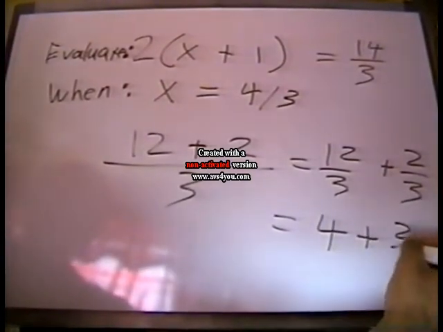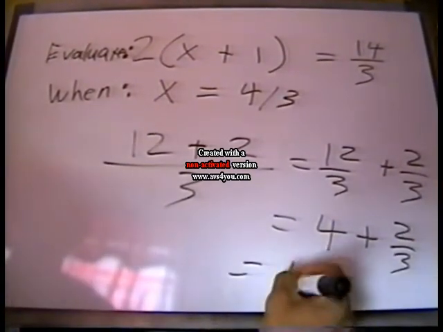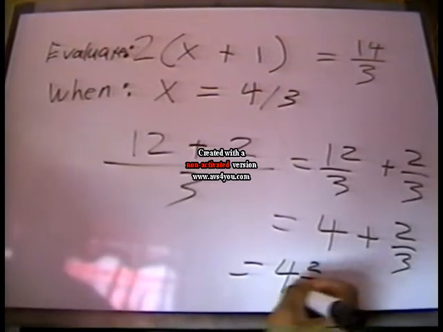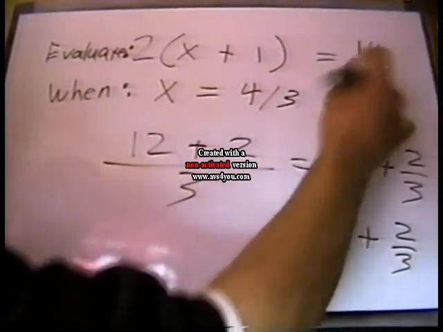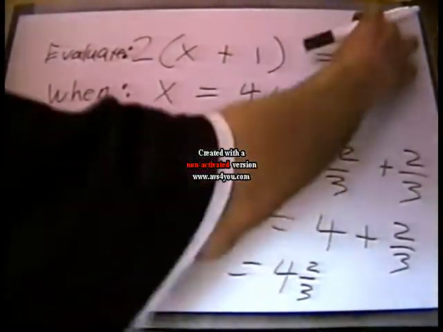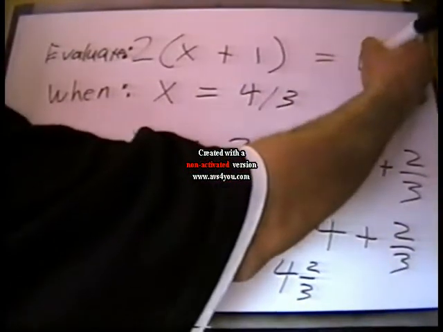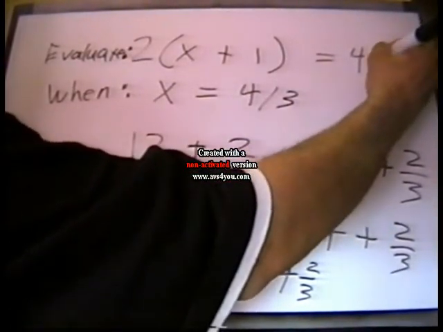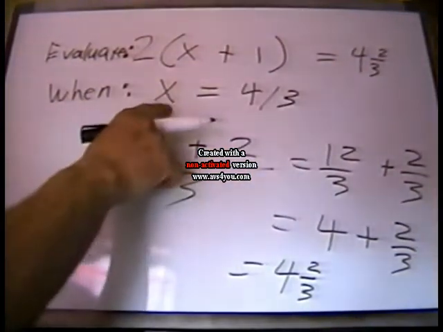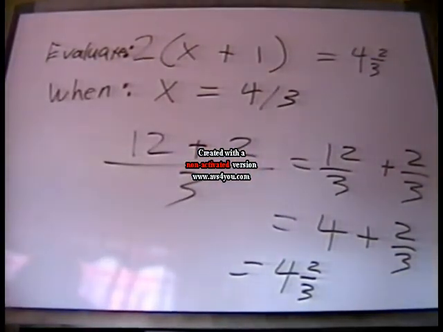You get 4 plus 2/3, or you end up with 4 and 2/3, when x is 4/3. See how we're evaluating this expression.